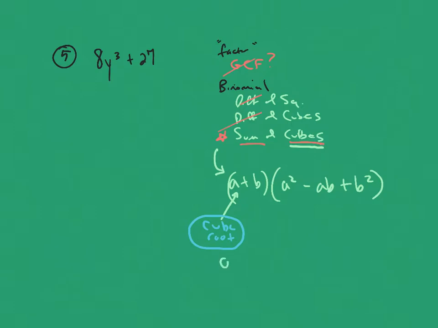So a in this case, the cube root of 8 is 2, since 2 times 2 times 2 would make 8. And then the cube root of y to the third is just y, since y times y times y would make y to the third. B is the cube root of 27, which is 3.